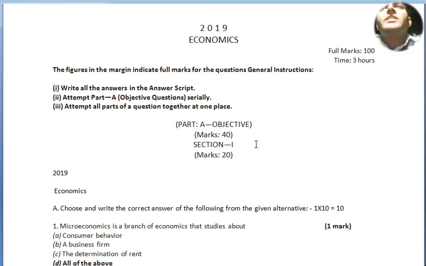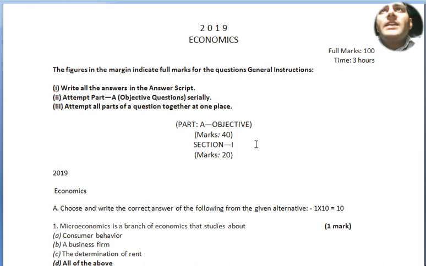Full marks is 100. Time allotted here is 3 hours. Let's read the instructions. The figures in the margin indicate full marks for the questions. General instructions: write all the answers in the answer script. Attempt part A objective serially. Attempt all parts of a question together at one place. Alright.